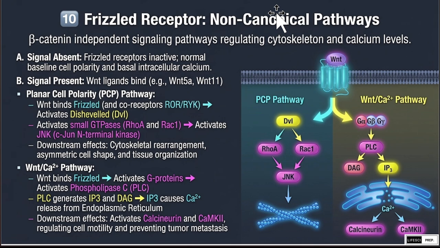IP3 travels through the cytoplasm and binds to the ER, that is endoplasmic reticulum, and releases the calcium. This calcium's downstream effectors activate calcineurin and CaM kinase, regulating cell motility and preventing tumor metastasis.